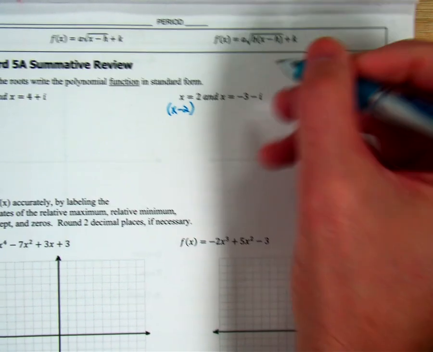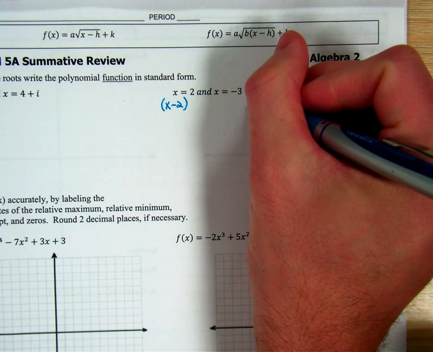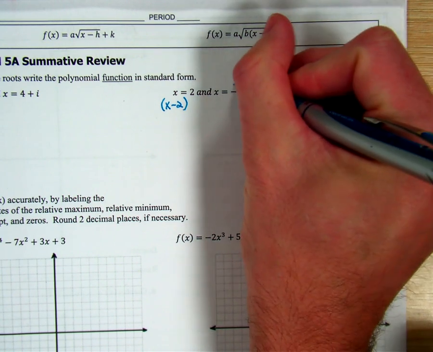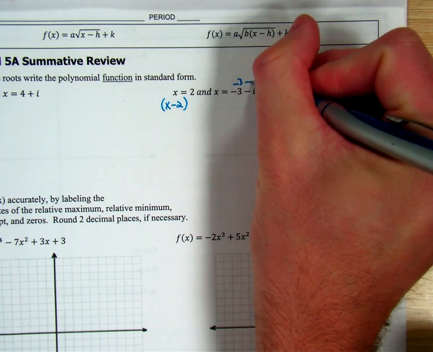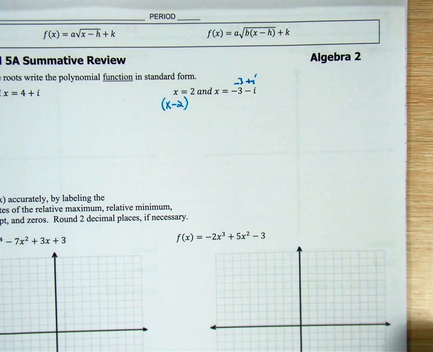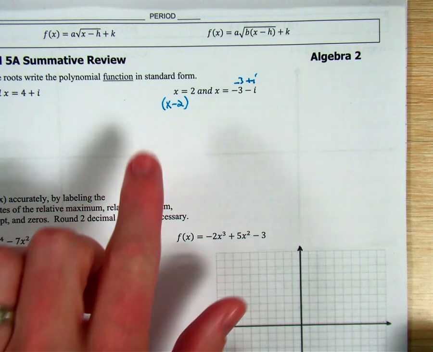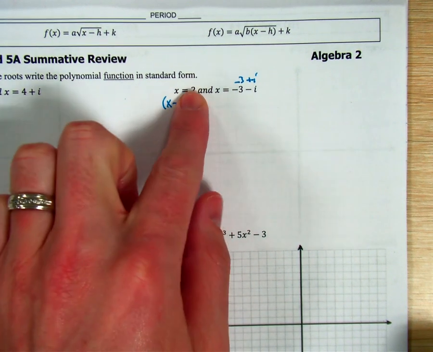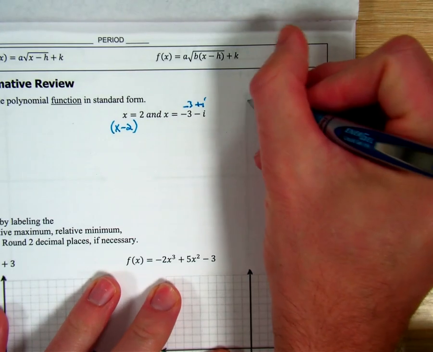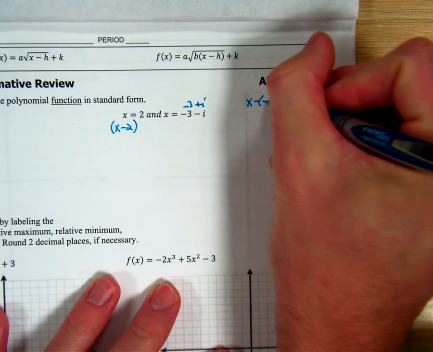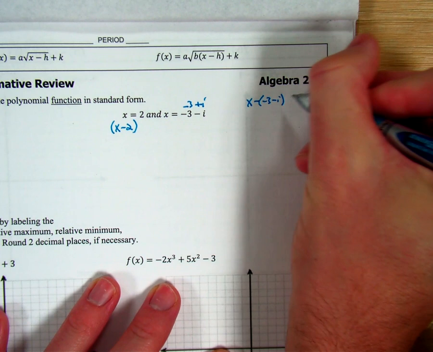Okay? If we have negative 3 minus i, you also have negative 3 plus i. Now, two ways to get what the parentheses are for each of these. What's really happening is you're going to have x minus whatever the answer is. So we would really have x minus negative 3 minus i.